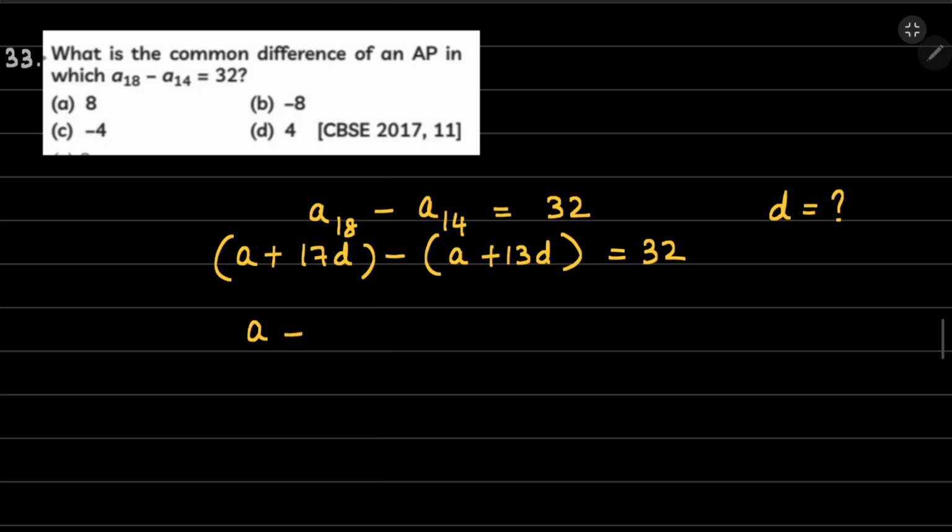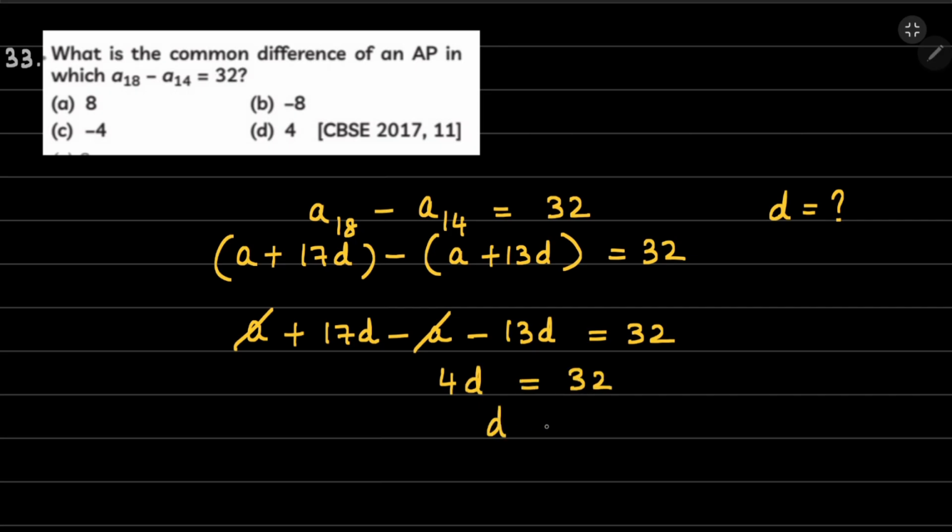So this is nothing but A plus 17D minus A minus 13D equal to 32. Plus A minus A gets cancelled. 17 minus 13 is 4. So 4D is equal to 32 and D is equal to 8. The answer is option number A.